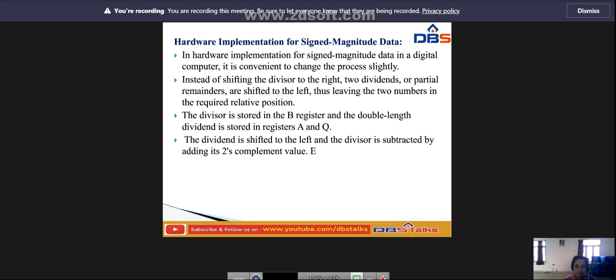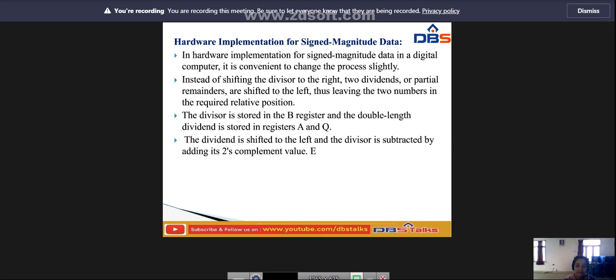So instead of shifting the divisor to the right, the dividend or partial remainders are shifted to the left, thus leaving the two numbers in the required relative position.